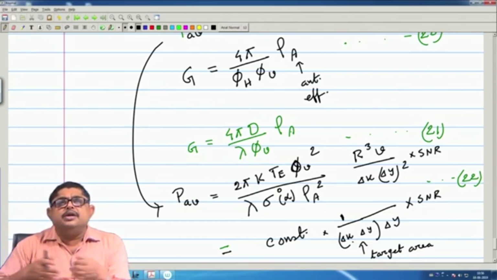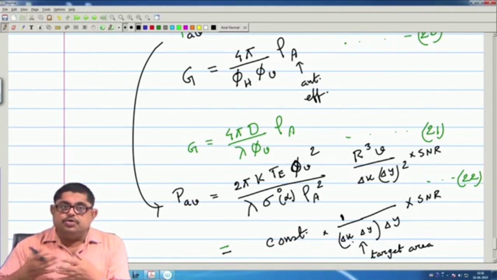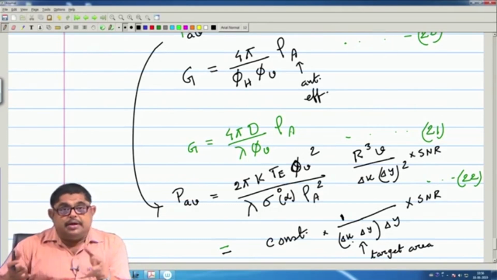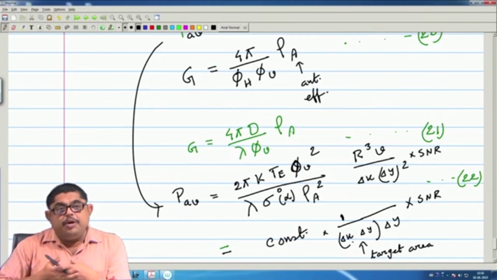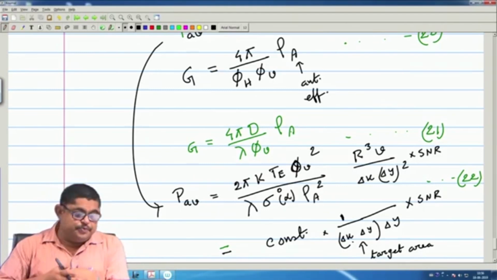For that they are also using some other means, like polarization diversity and interferometry; those concepts they are using. It is good that, while we are saying you cannot go beyond that limit, those limits are getting challenged, and people are trying to achieve cross range resolution of the order of a millimeter also.